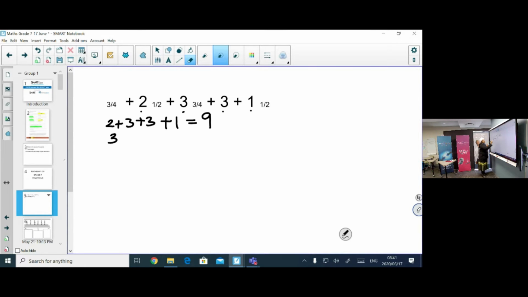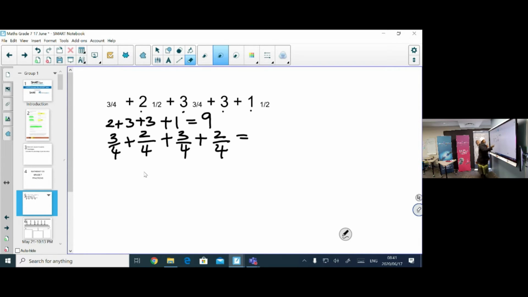We have 3/4. We convert the half to the equivalent with 4 as denominator, because we multiply 2 times 2 to get 4, and 1 times 2 is 2. And then this one is still 3/4 plus a half, which we have seen is 2/4. Now quickly add that.